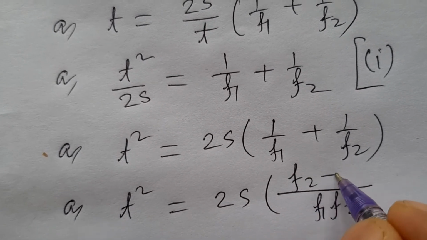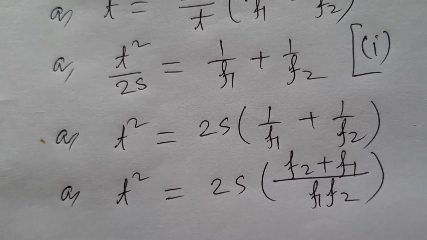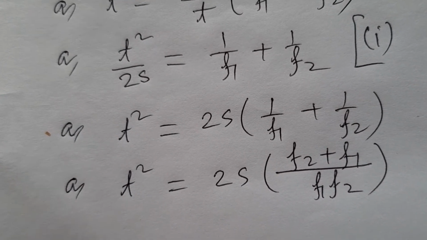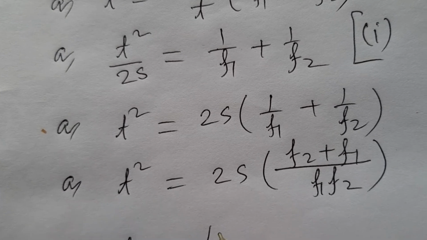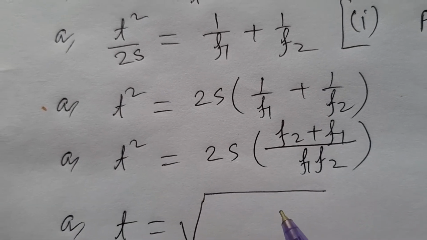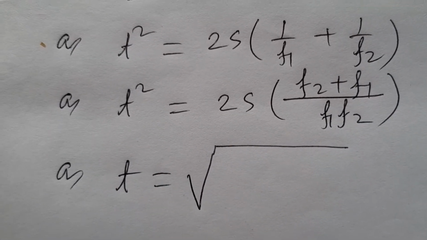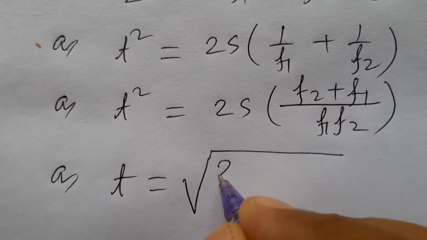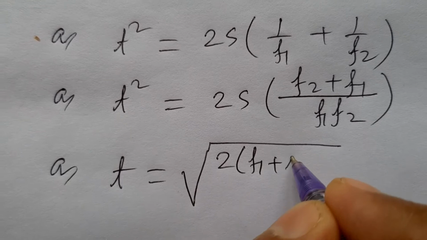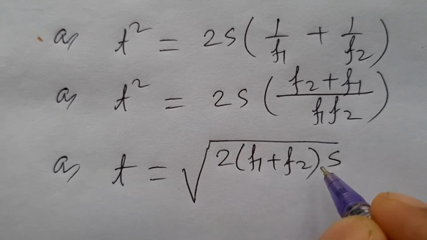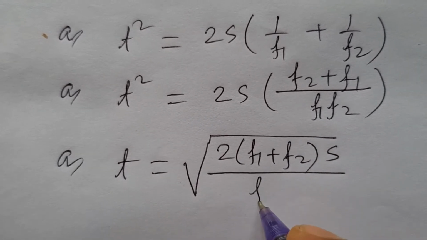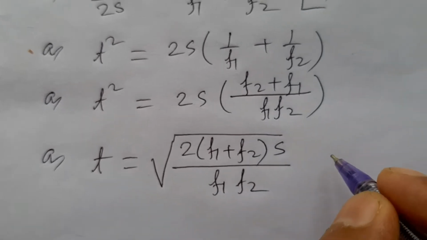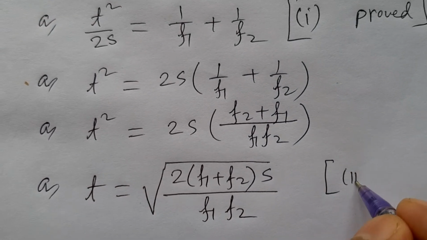So t is equal to root over 2 into (f1 plus f2) into s divided by f1 into f2, which is required to prove. So this is number 2 proved.